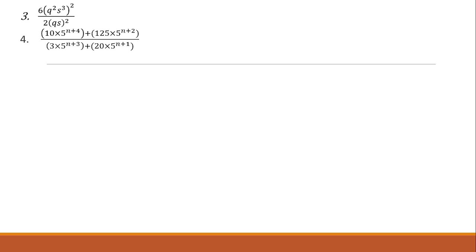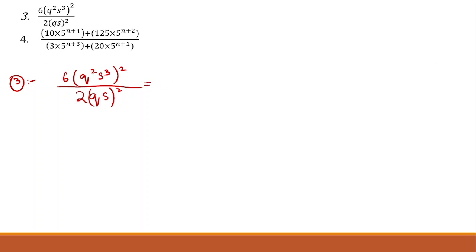Now let's move to the third question, question number 3, which is (6 q square s cube) to the whole square divided by (2 q s) to the whole square. There is a whole bracket. So first we need to multiply the powers.